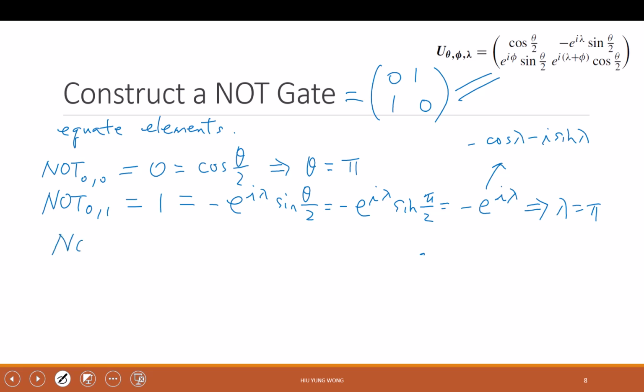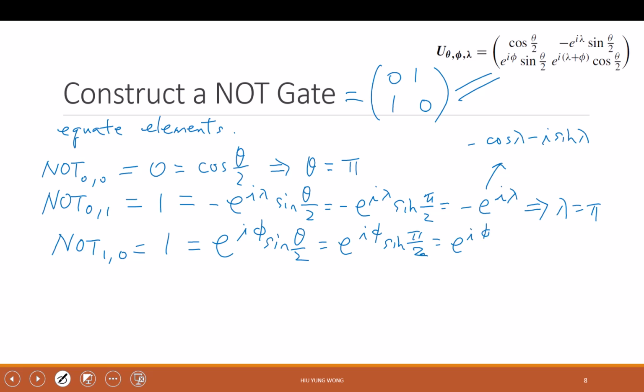I continue. How about the NOT gate's 1,0 element? That is 1, and it's equal to e to the power i phi sine theta divided by 2. I already know theta is pi, so this gives me e to the power i phi.